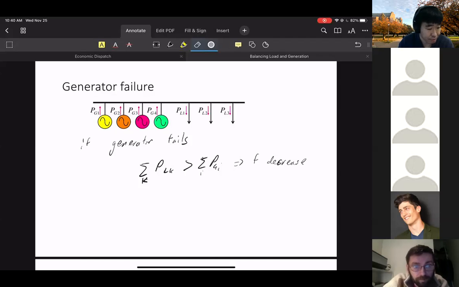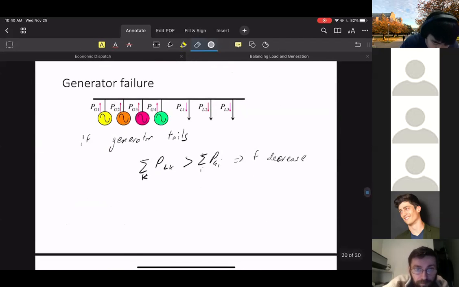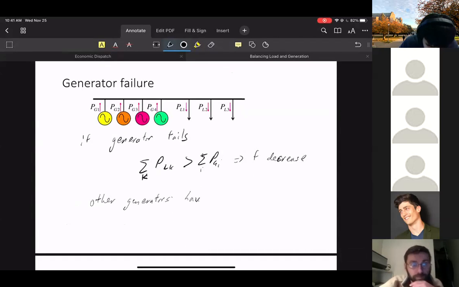This basically says that the other generators have to catch up. The other generators have to compensate for the loss of the generator.